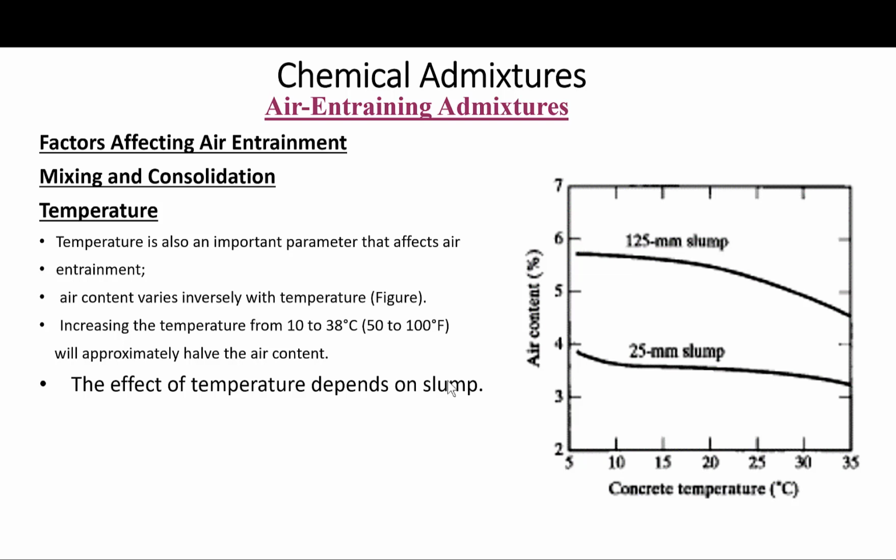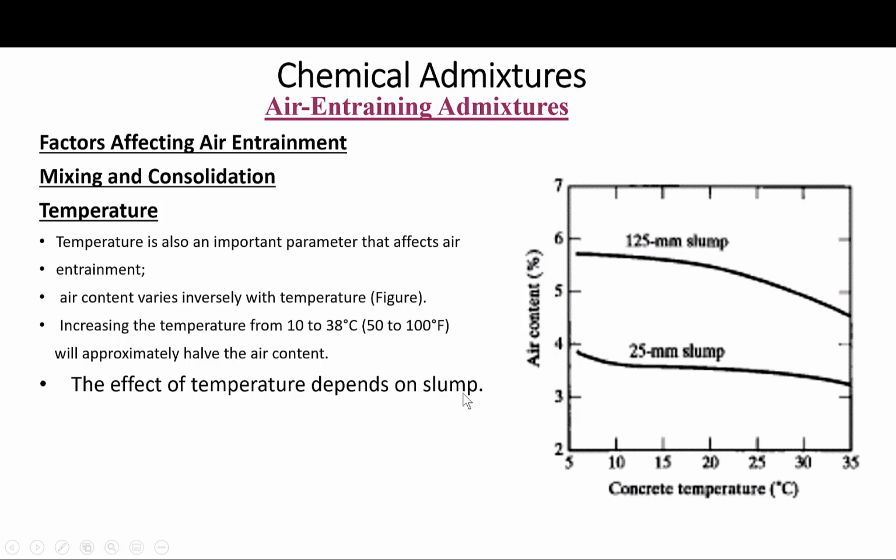Also, the effect of temperature. Temperature is also an important parameter that affects air entrainment. As you can see, the air content varies inversely with temperature. As we increase the temperature, the air content goes down. Increasing the temperature from 10 to 38 Celsius will approximately halve the air content, dropping it by 50%.